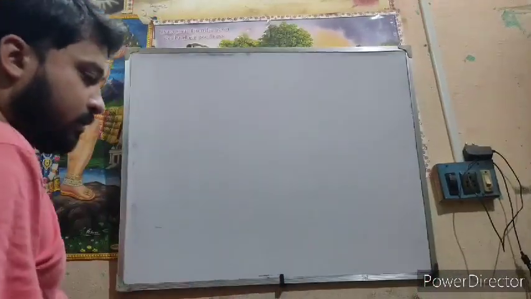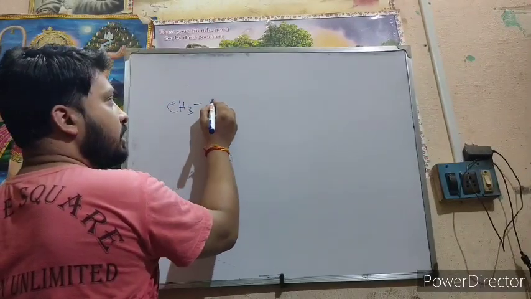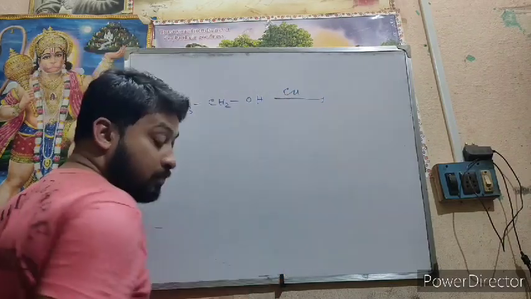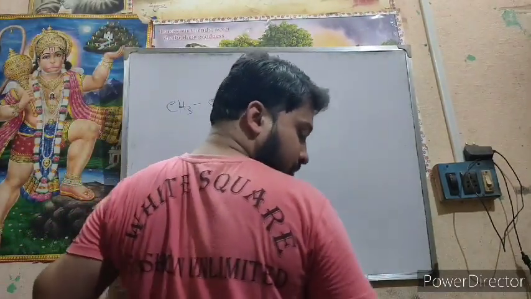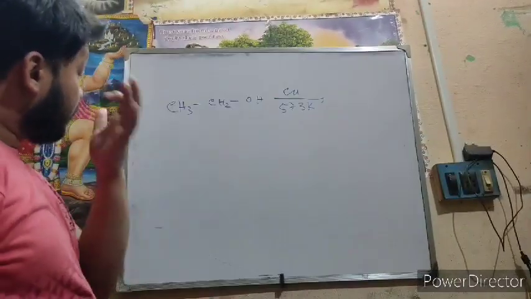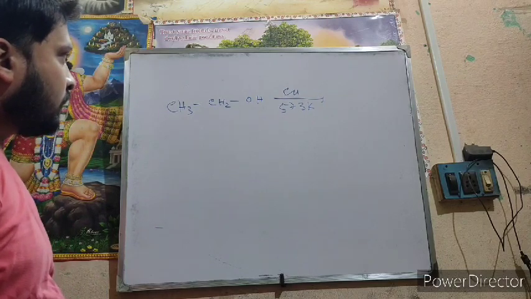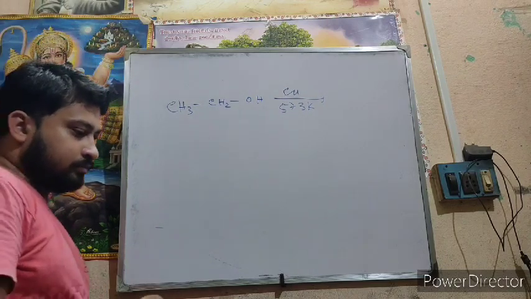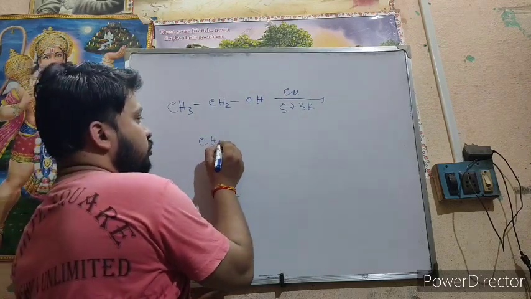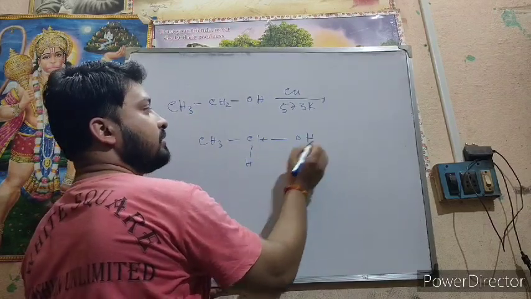If you take one more example, that is CH3CH2OH. Okay, the problem is CH3CH2OH, and you want to use Cu and 573 Kelvin temperature. So the product is, if the hydrogen is removed, CH3CHO. I always give you a short trick.